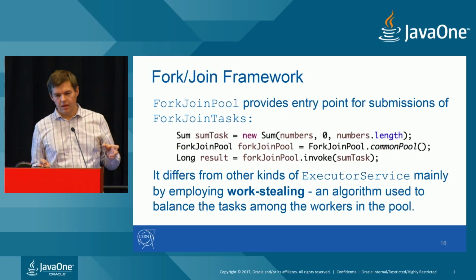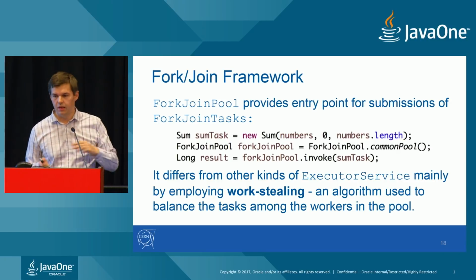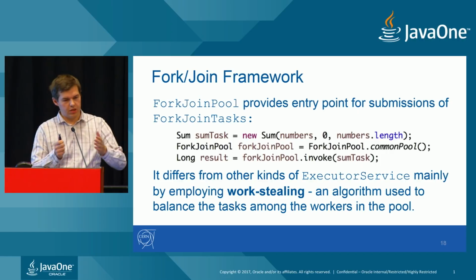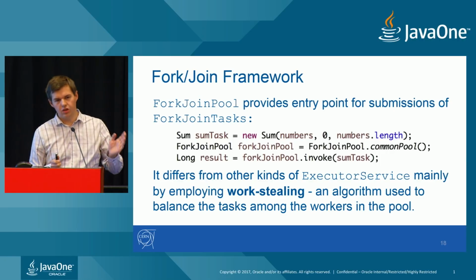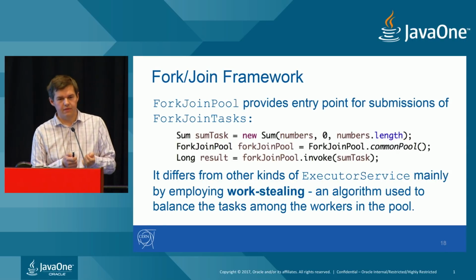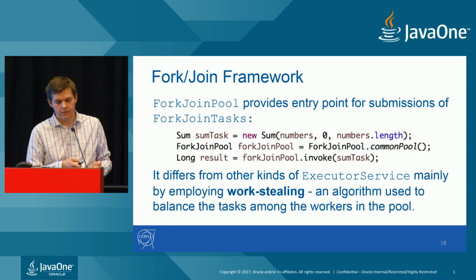Basically, in your fork join pool, you have a bunch of threads. How many we will see in a moment. Each thread has a queue of tasks it has to execute, and if a certain thread runs out of tasks, it is greedy.